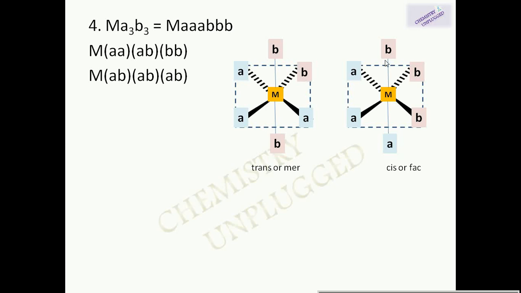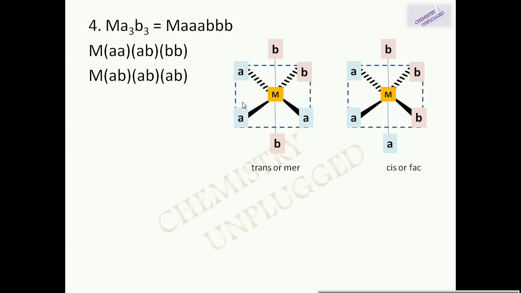And fac means same type of ligands occupy one face of the octahedron. These are in one face of an octahedron, or this is also one face of the octahedron, and these all three are in one plane.